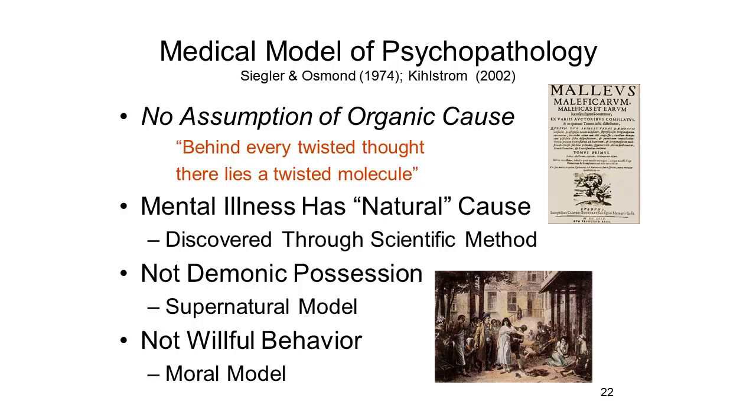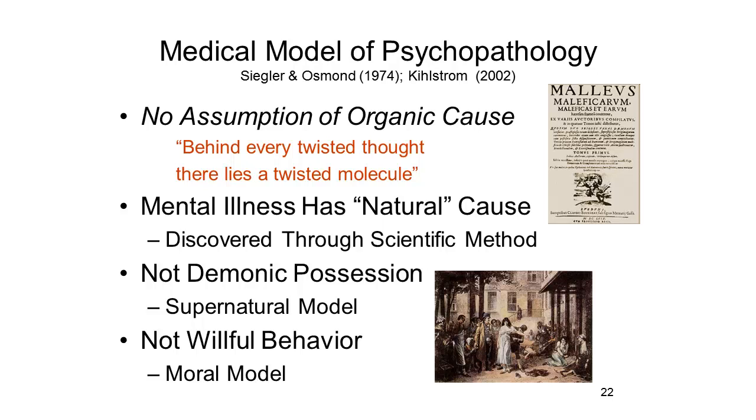As one enthusiast once put it, behind every twisted thought there lies a twisted molecule. In fact, this somatogenic view of mental illness is quite popular, but it's not really what the medical model is all about. All the medical model asserts is that mental illness has natural causes.